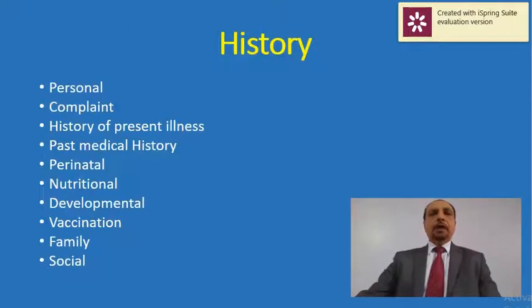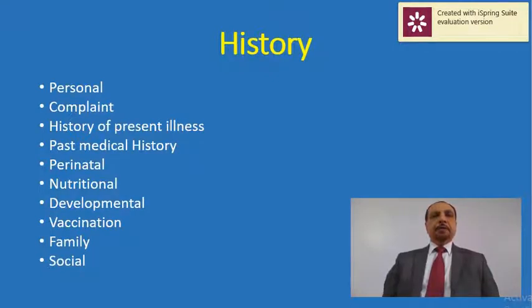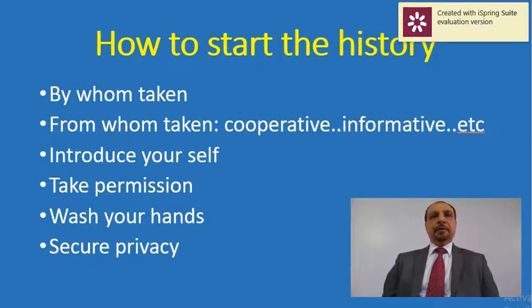So the components of the history for children, there are 10 components: the personal history, the complaint, history of present illness, past medical history, perinatal history, nutritional history, developmental history, vaccination history, family history, and social history.